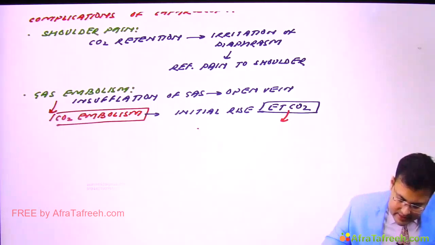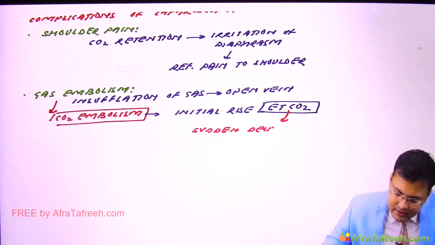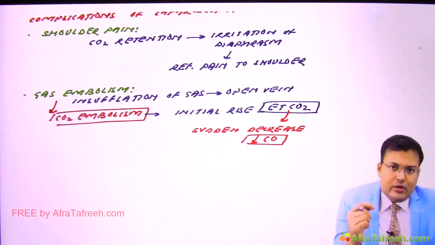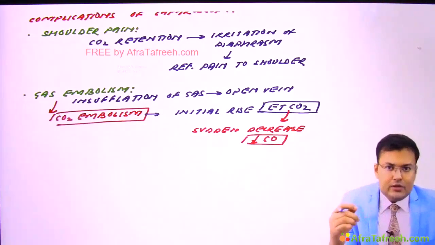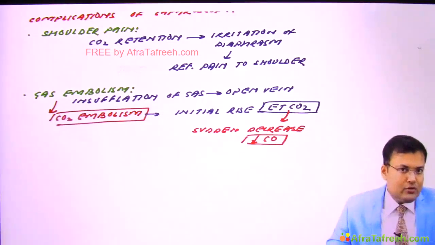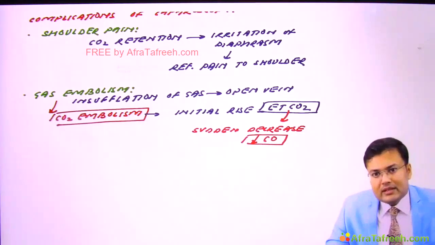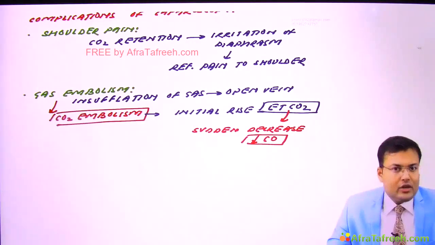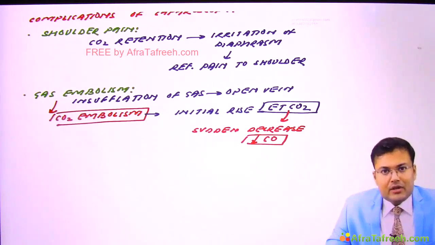So the Veress needle enters into an open vein, there is direct insufflation of CO2, and then there is pulmonary excretion. So the initial rise of EtCO2 is there, but there is a sudden decrease because of the decrease in cardiac output. So these are the complications: one is shoulder pain and the second is gas embolism.